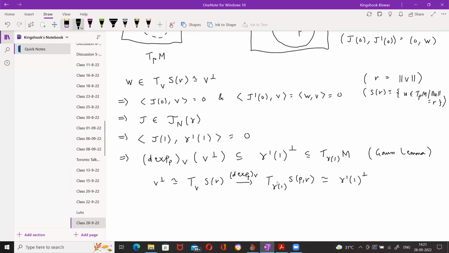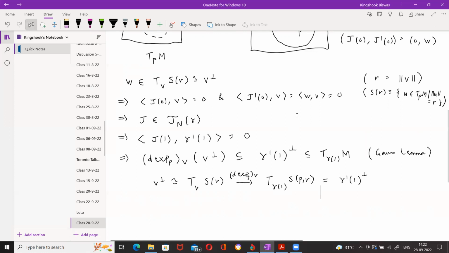This is not an identification, this is equal to. Okay, so this equality, that the tangent space to the geodesic sphere is the orthogonal complement of the geodesic, follows from the Gauss lemma.